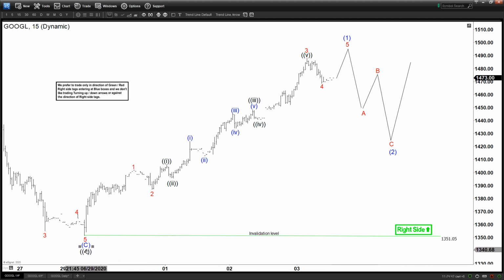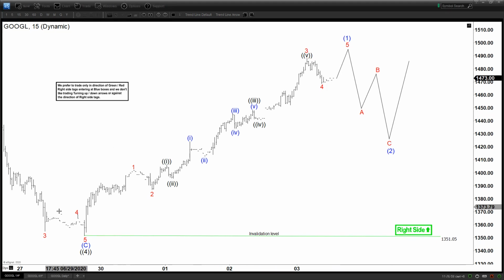Okay, so right here in Google, we have the pullback to 1,351, ending with 4, and currently we have resumed higher again in Google, or Alphabet now, the name. We should be looking for the upside as far as the pullback stays above this 1,351.